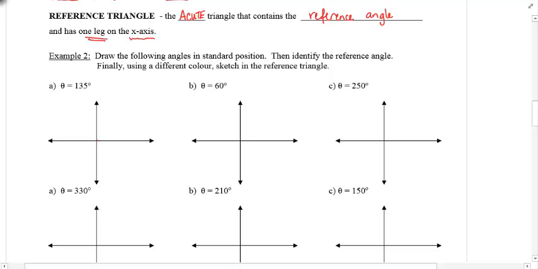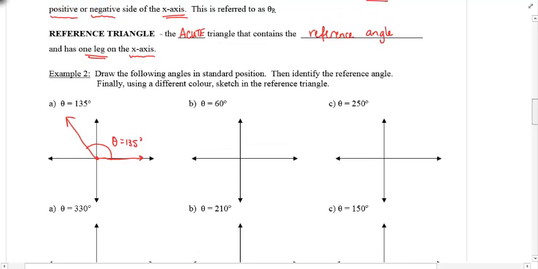Let's draw the angle in standard position first. We'll start always on the positive side of the x-axis, and we'll rotate counterclockwise 90, about here. So I would say this is my angle 135 degrees. Now, which or where is my reference angle?